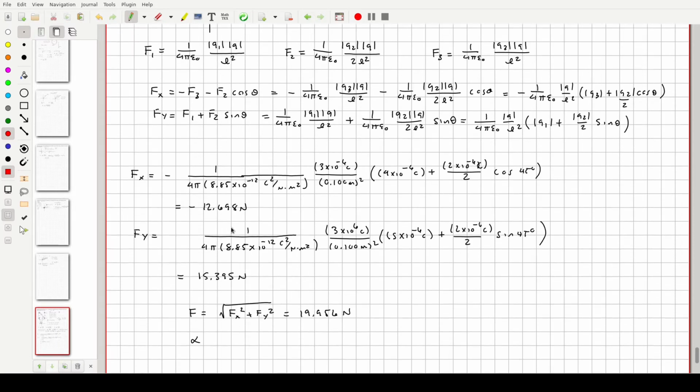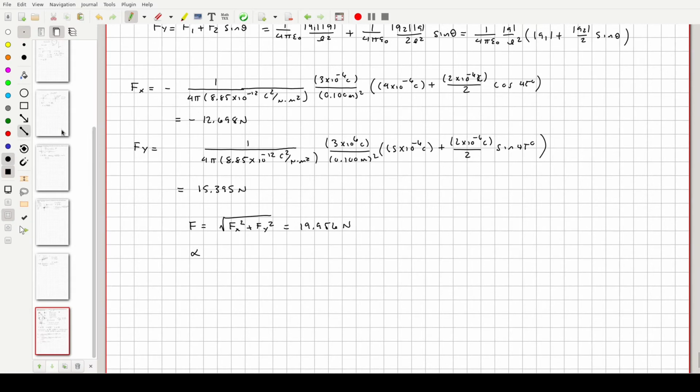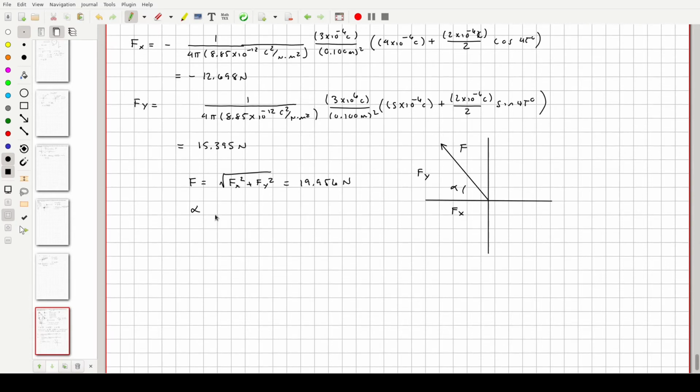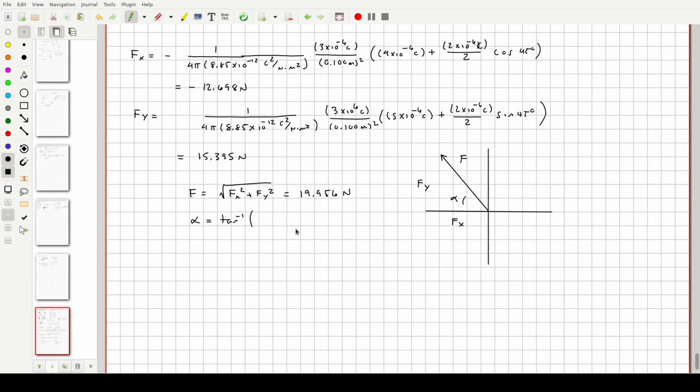So if I think of this as F right here, and this is Fx, and this is Fy, and this is alpha, then this is going to be the inverse tangent of Fy over Fx, or 15.395 newtons divided by 12.698 newtons.